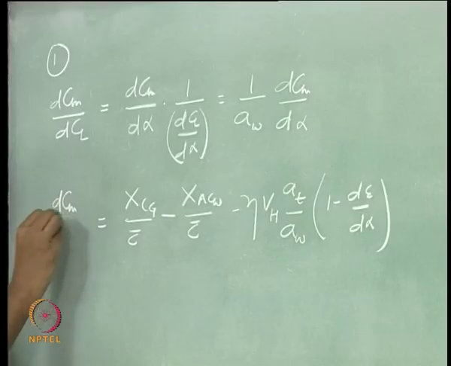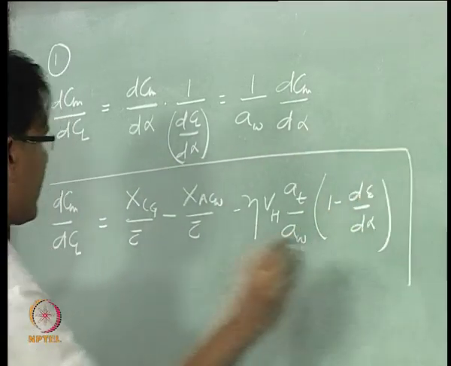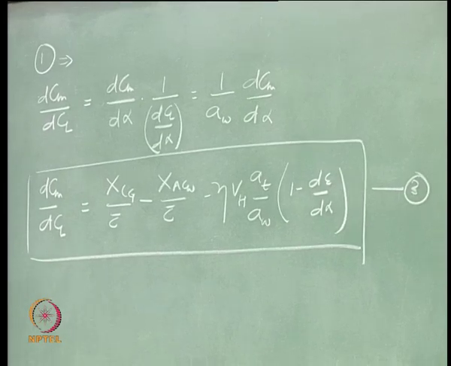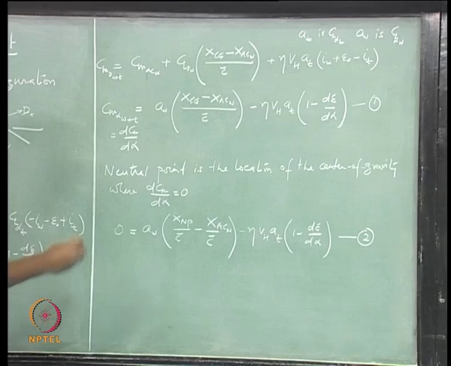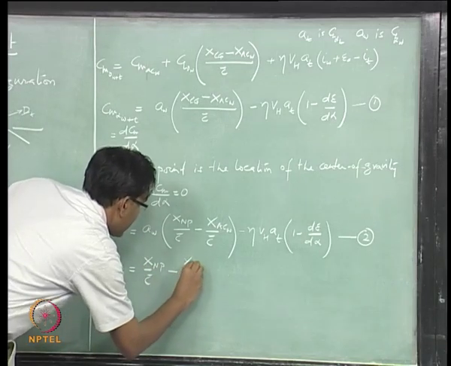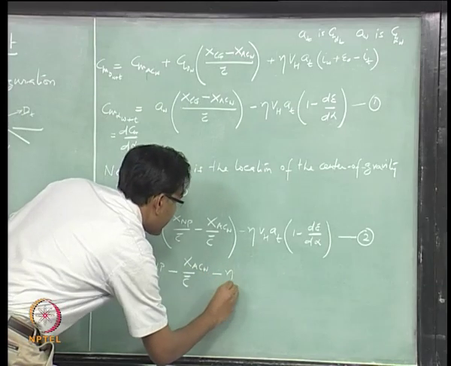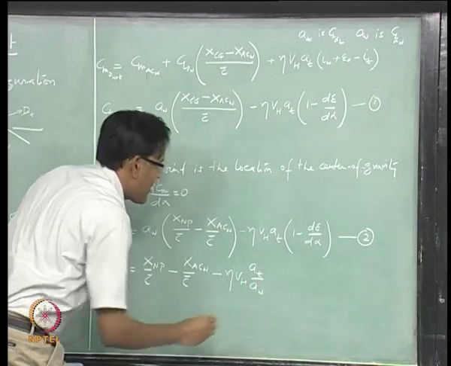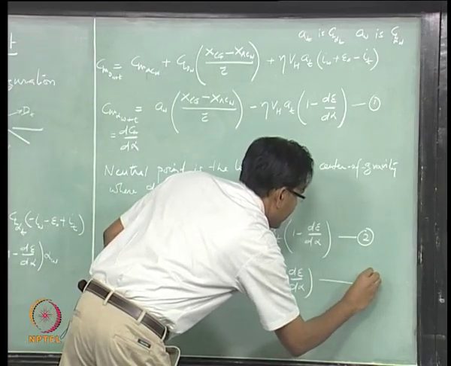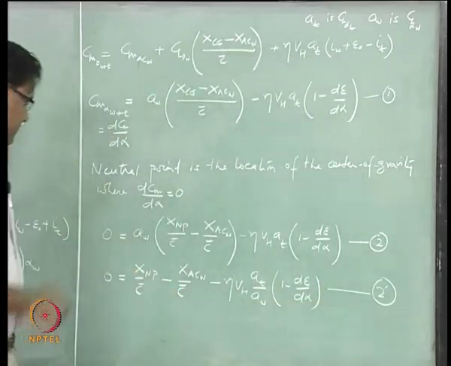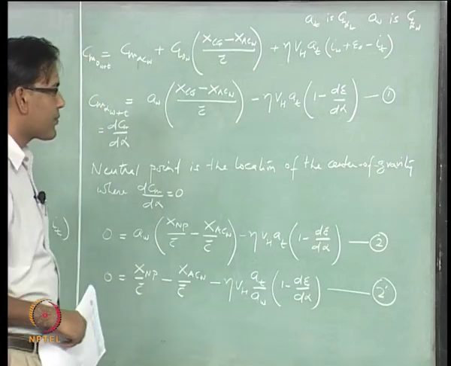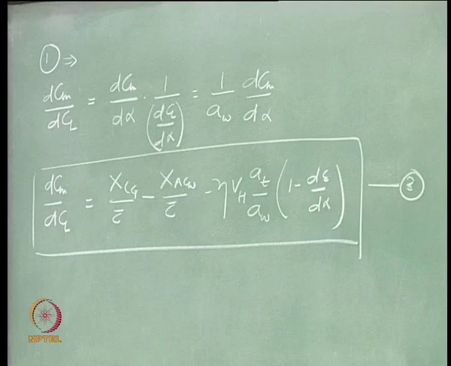Right. We can also rewrite this. Is it correct? Now, subtract three from 2 prime. Okay.